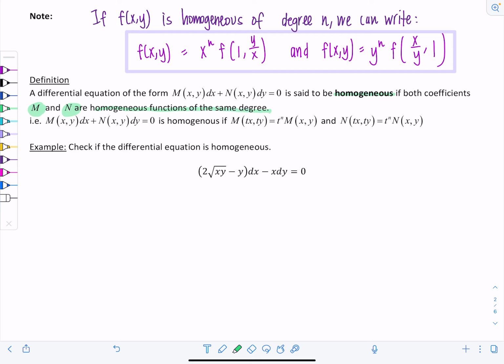Okay, so a homogeneous differential equation will have two homogeneous functions in it, and the degree needs to match. One homogeneous function m is multiplied by dx, the other one n is multiplied by dy.